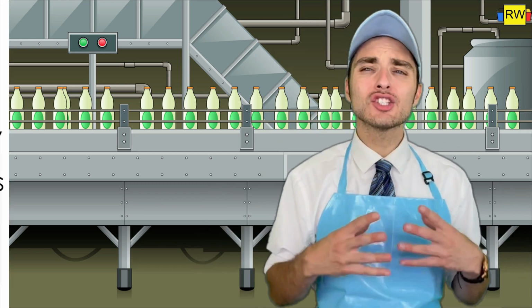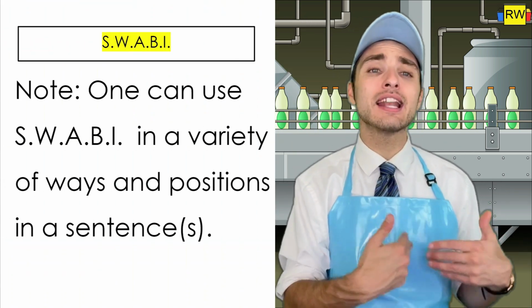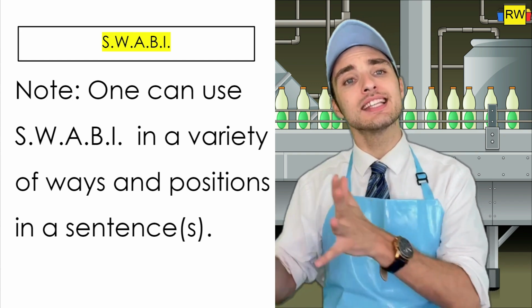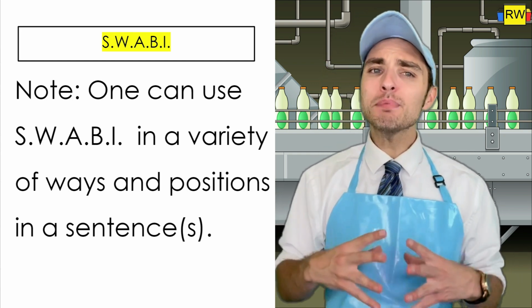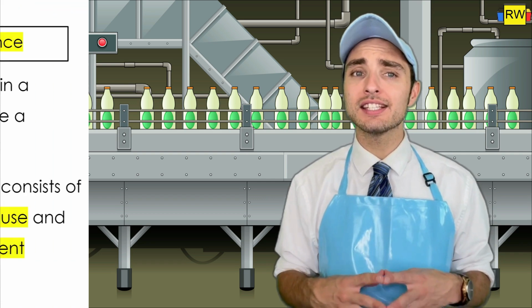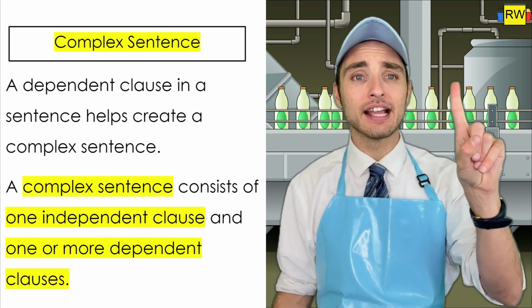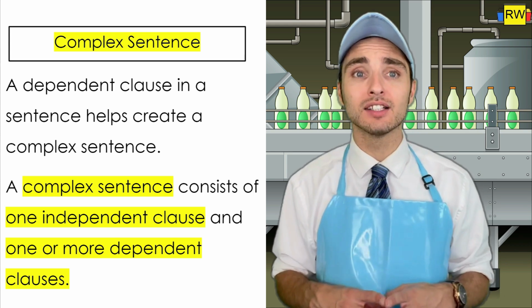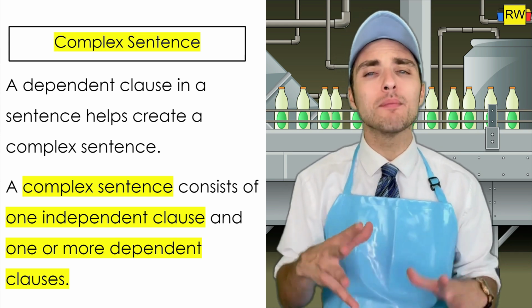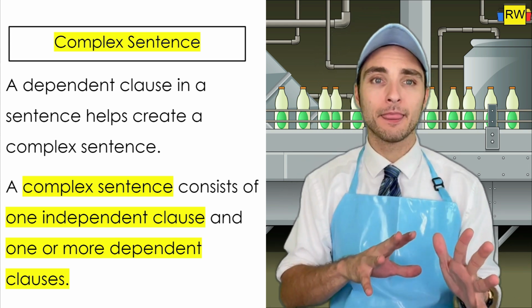You'll find that SWABI can be used in a variety of ways and positions in a sentence. In fact, complex sentences, which consist of one independent clause and one or more dependent clauses, usually have SWABI somewhere in them.